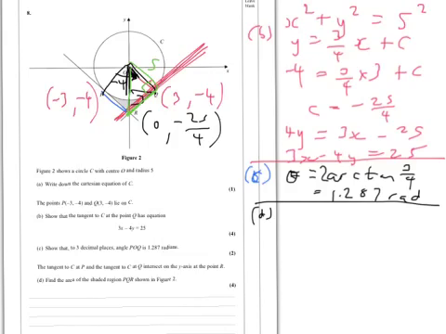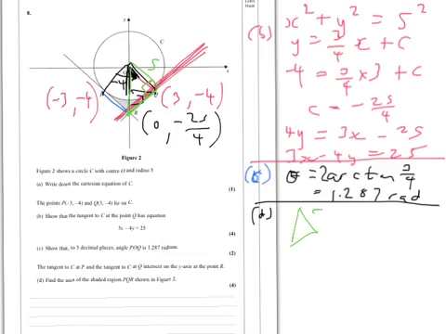This length is 3 squared plus the difference between those squared. So we get 9, and from 16 over 4 to 25 over 4 is 9 over 4, square that, we get 81 over 16. So 9 plus 81 over 16. Basically what we've got here is this triangle.